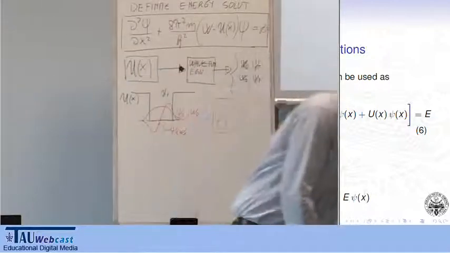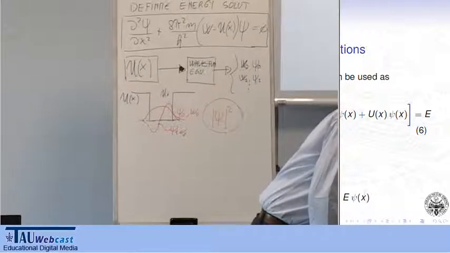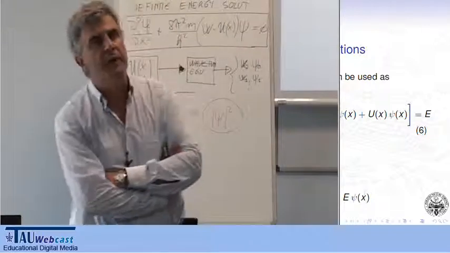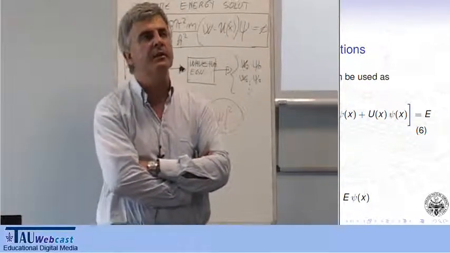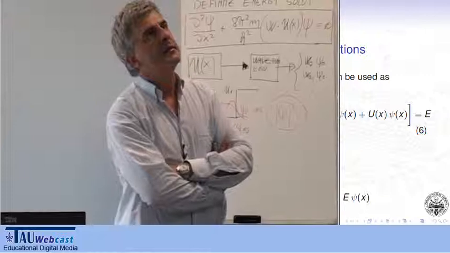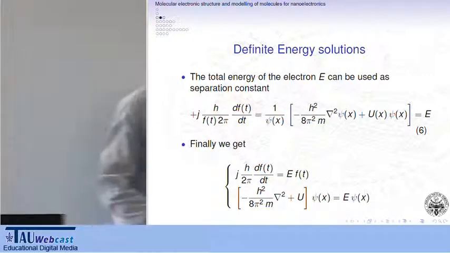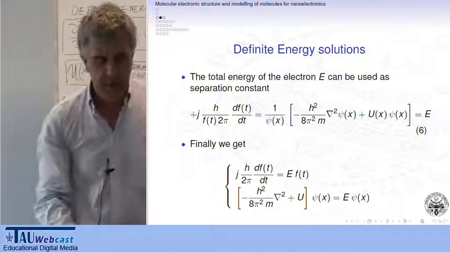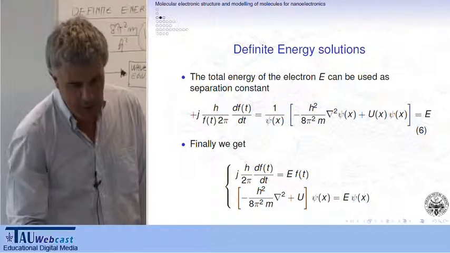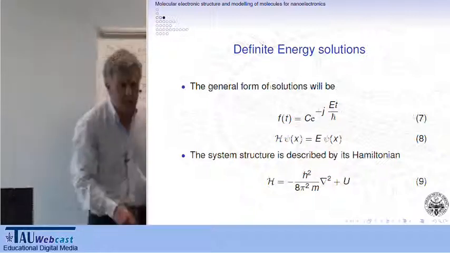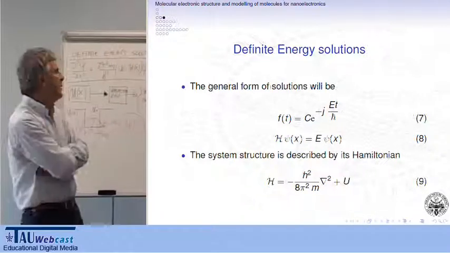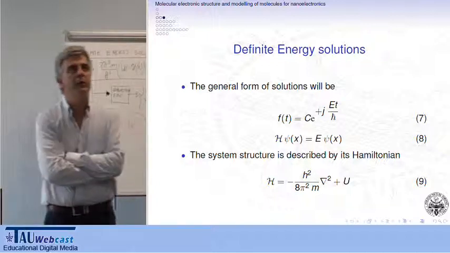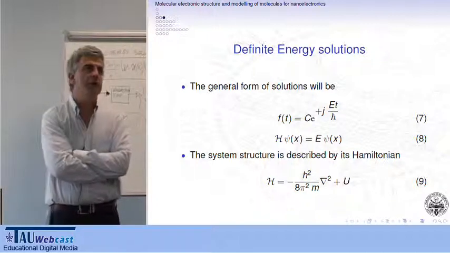But the problem is atoms and molecules have a potential function and a structure more complex than cases like that. So probably we have to apply the Schrödinger equation to more complex systems. The general form that you generally see for the Schrödinger equation is this one.